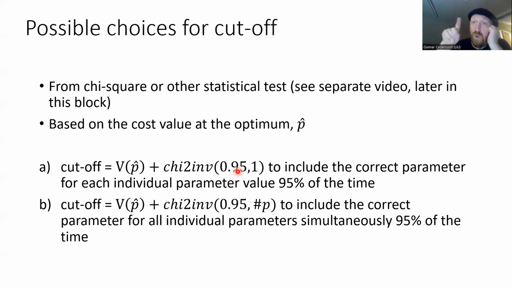But if you want that all parameters lie simultaneously within all of the confidence intervals for the entire block of parameters, then the degrees of freedom in this chi-square distribution should be the number of parameters. And there are various ways to compensate for this to have a value in between. So it's a little bit of a feeling and a heuristic for exactly how to use the cutoff.